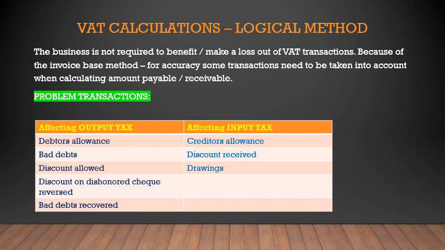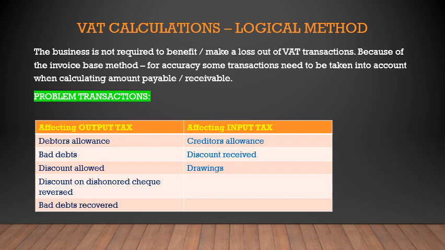But these transactions, debtors allowance, the VAT in bad debts, the VAT in discount allowed, will decrease that tax. These three transactions will decrease the amount we should pay over to SARS. Then discount on dishonoured cheques reversed and bad debts recovered will increase what we should pay over to SARS, because we would have decreased it initially. Now we need to reinstate the debt.